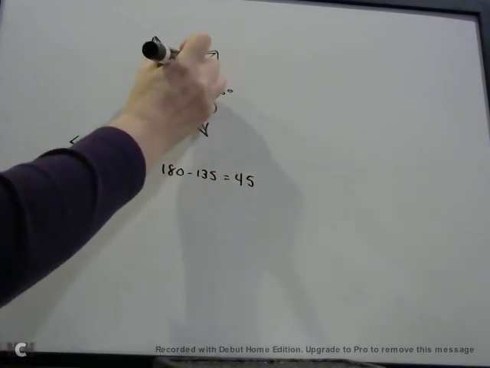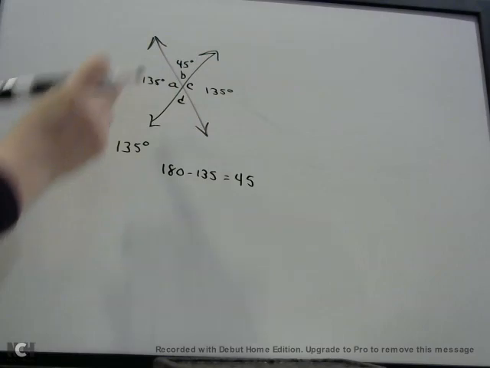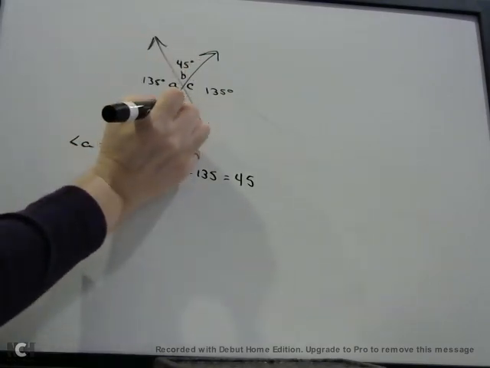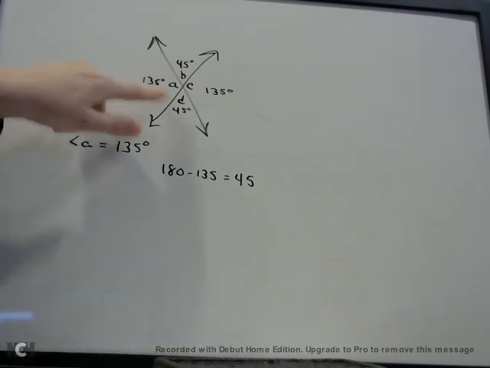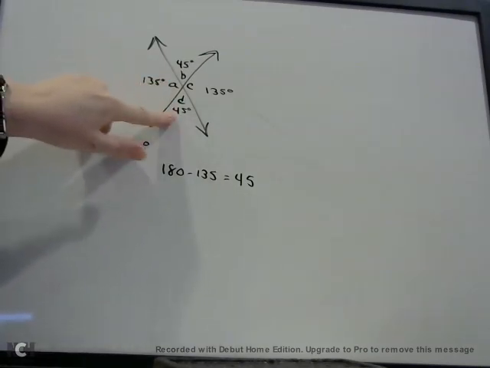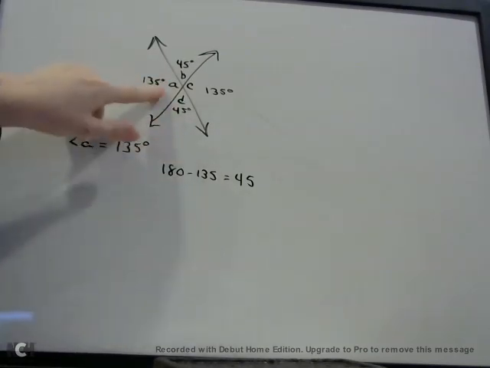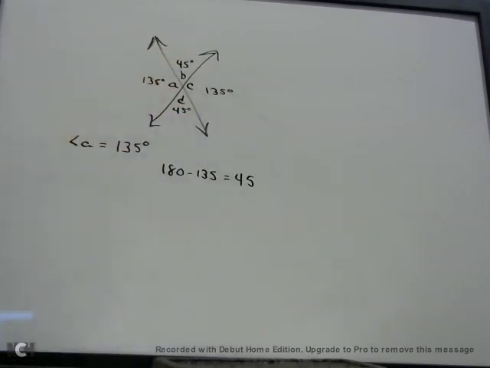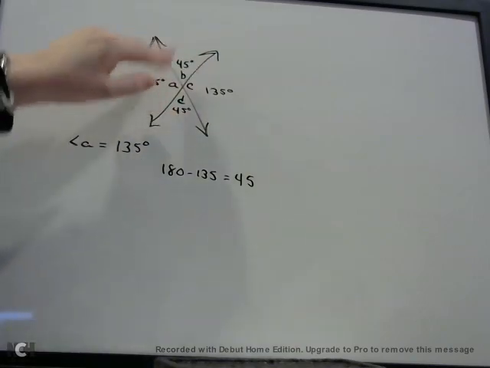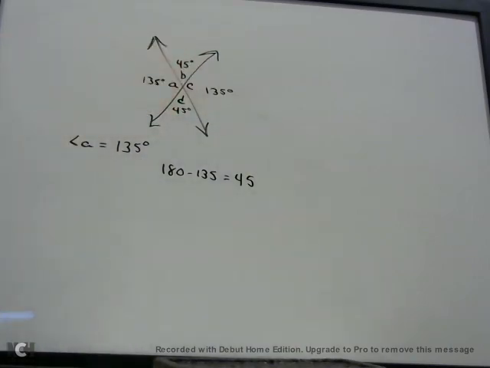Once we know angle B, we know angle D is 45 degrees. If it makes more sense to look at angle A and D, it's the same thing. It doesn't matter which order you do this in. Once they give you one angle, you can figure out all the rest of the angles.